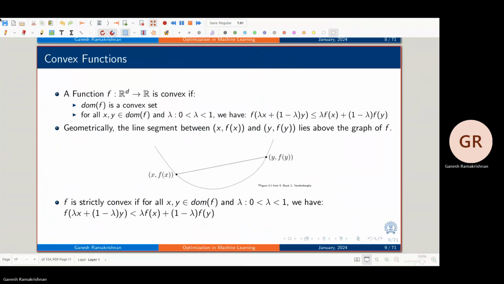Sorry? Yeah, I'm just saying that we'll come to that. This third part I have not written on the board. You understand strict convexity, right? The notion of strong convexity is a slightly more nuanced, slightly more specific form of strict convexity. They say, oh, strict convexity said, okay, there is a gap.